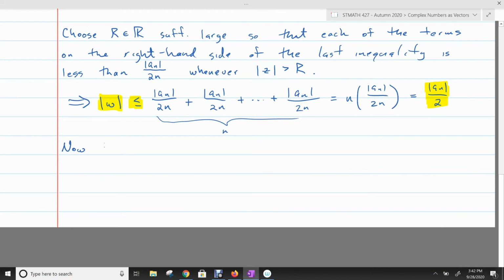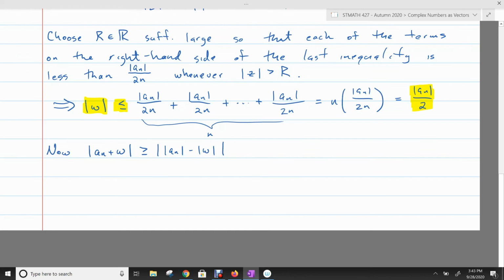If we look at that modulus of a_n plus w, we can do the reverse triangle inequality on it and say that that's greater than the absolute value of the modulus of a_n minus the modulus of w. We know what the biggest that modulus of w can be. So inside that absolute value, the largest we can subtract off is modulus a_n over 2.